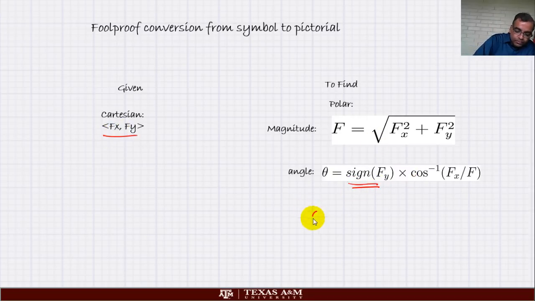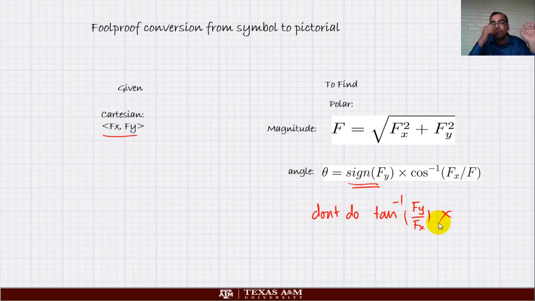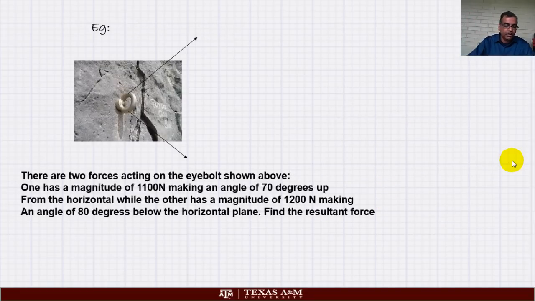Don't do that, because then you have to sit there and figure out which quadrant these things are, and it's a headache. If you do this, this will always work. I always tell you royal road, then it will always work. Okay, so now let's get back to our problem. Here is our original problem. Here was our figure.